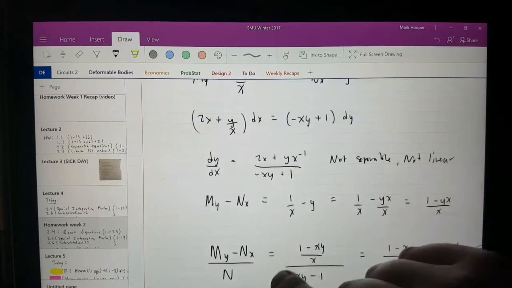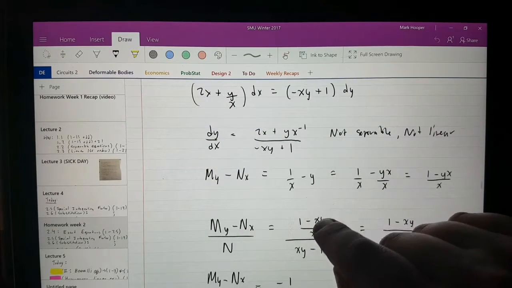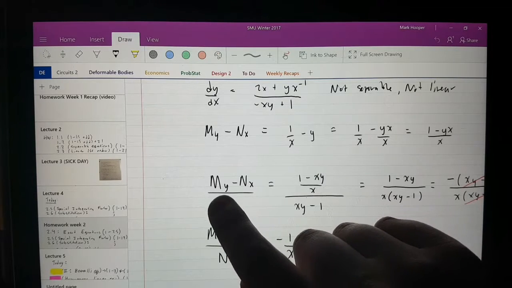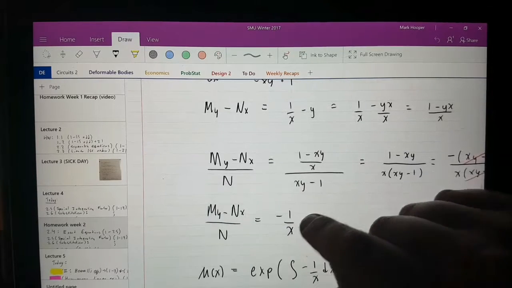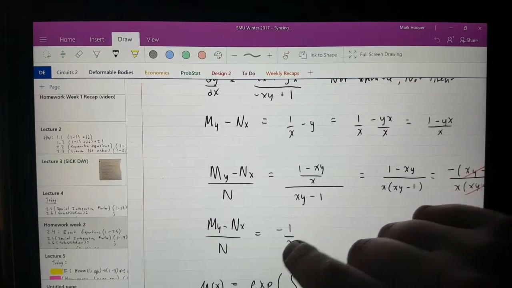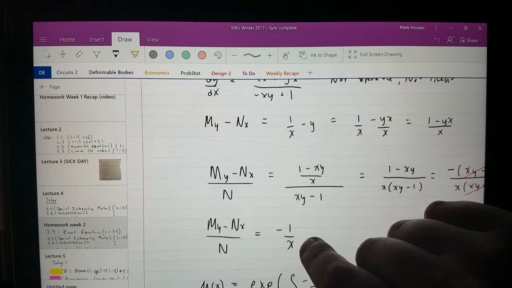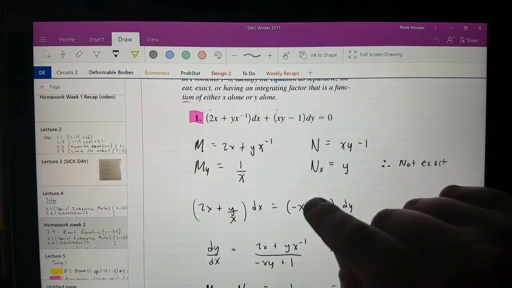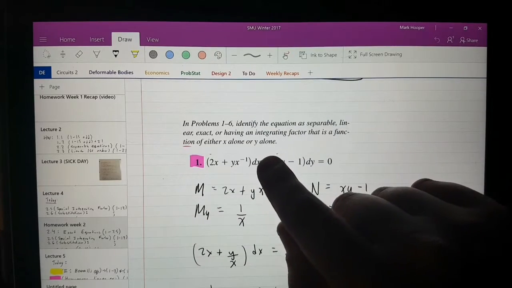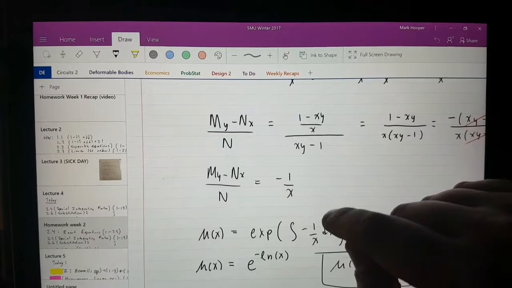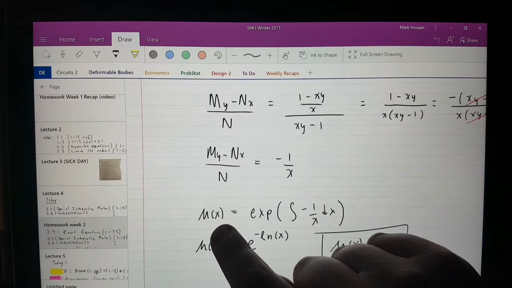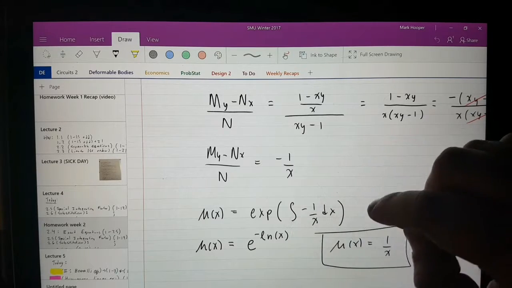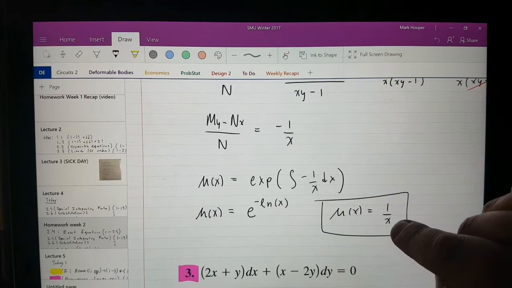So what you're going to do is you're either going to have my minus nx over n, or it's going to be nx minus my over m. And basically what you want is your integrating factor to be of one variable, just a function of x alone or y alone, right? So then the integrating factor mu of x is going to be the exponential of the integral of this guy.